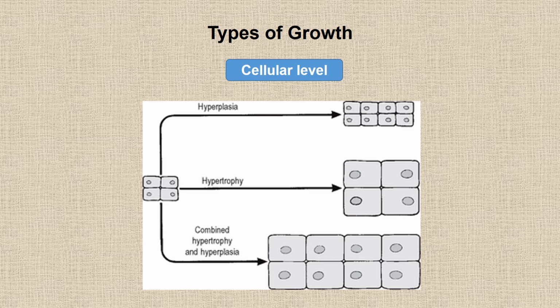Hypertrophy is merely the increase in size of the cells without the process of mitosis, so the number of cells remains the same. It can also be a combination of both hyperplasia and hypertrophy.